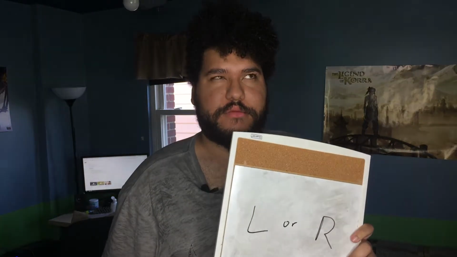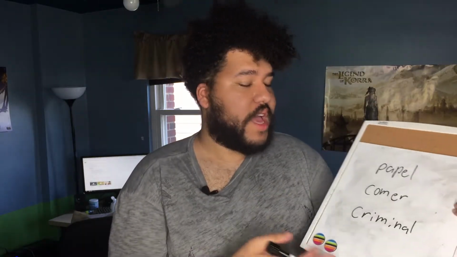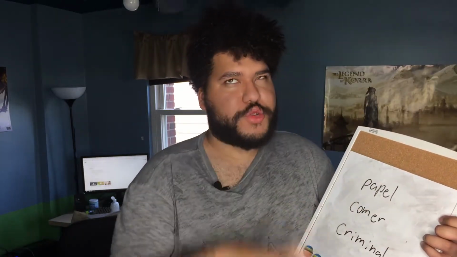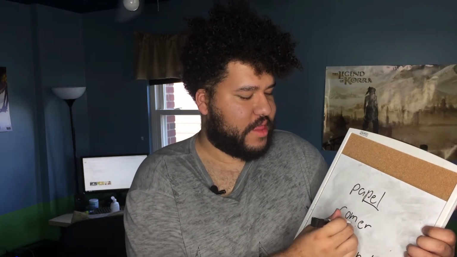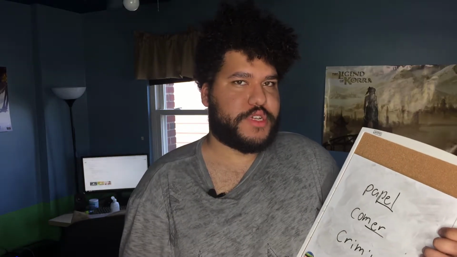Another rule to remember is that if a word ends with an L or an R, the stress will always be on the last syllable, no matter what, and there will be no accent. Some examples would be papel, comer, and criminal. The stress will be at the very last syllable, and there is no accent to be shown.